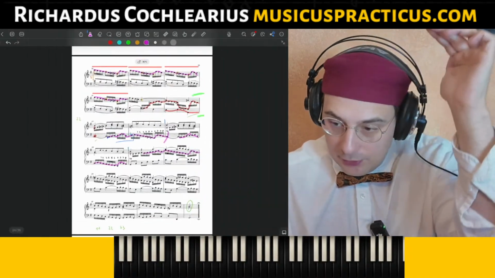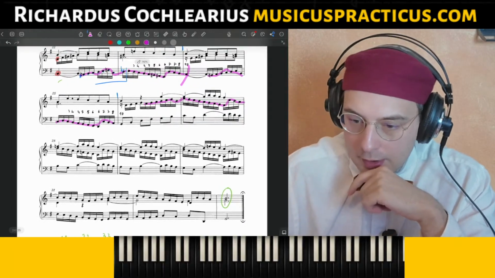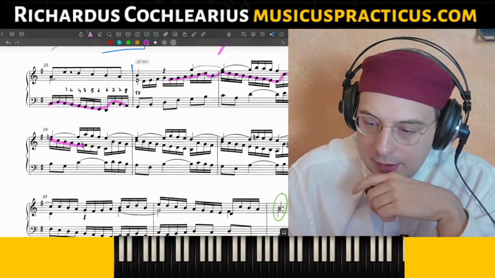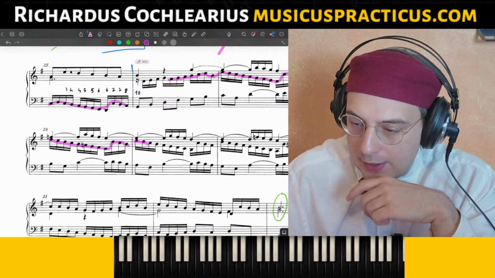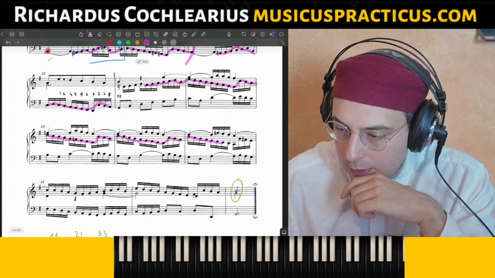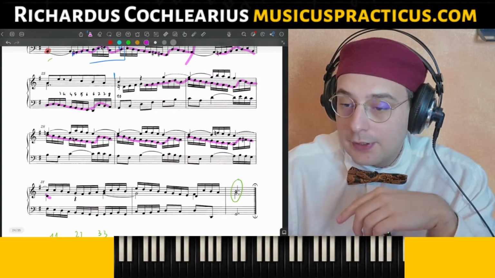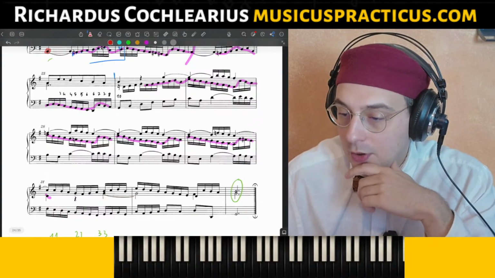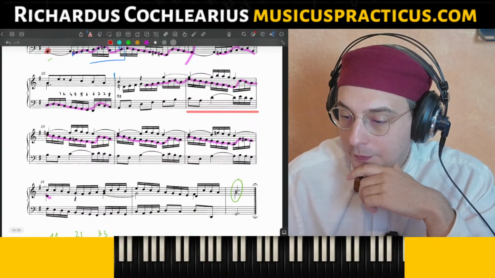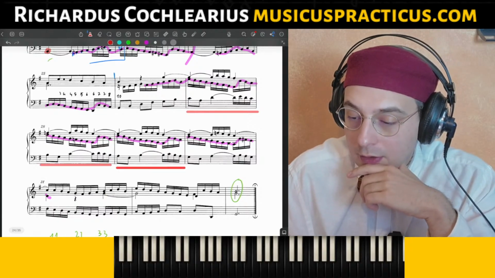So bass, top, and middle. Even here the repetition is 1, 2, 3, and 4 times.